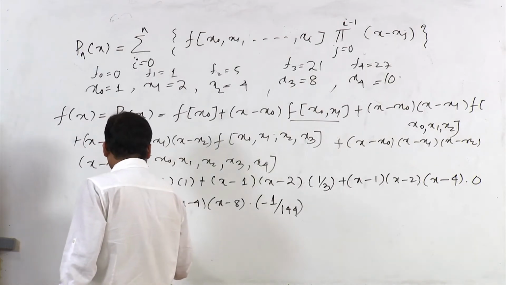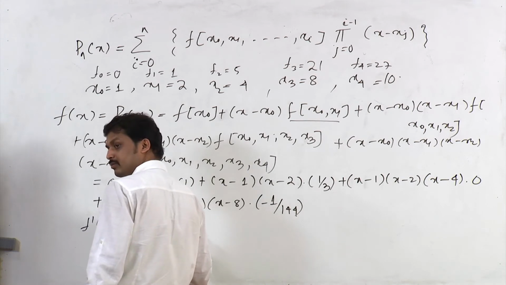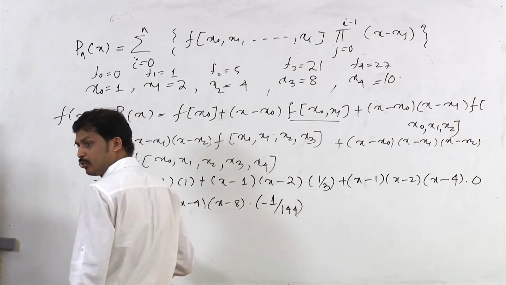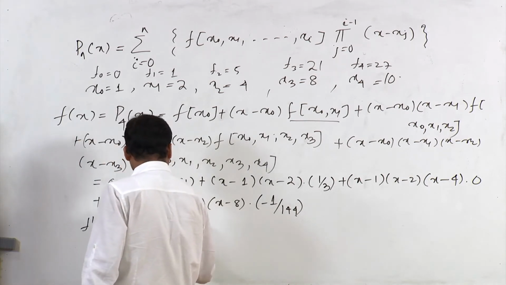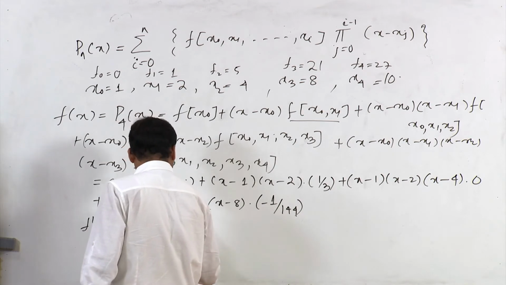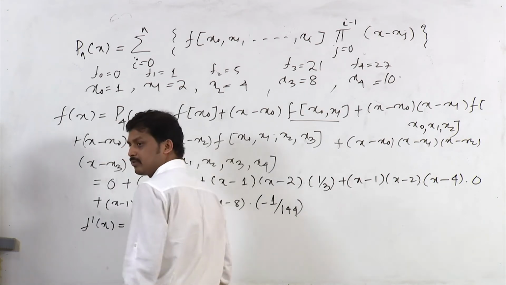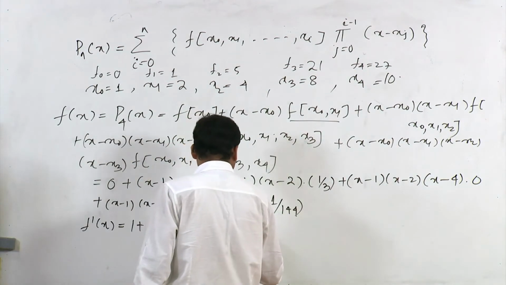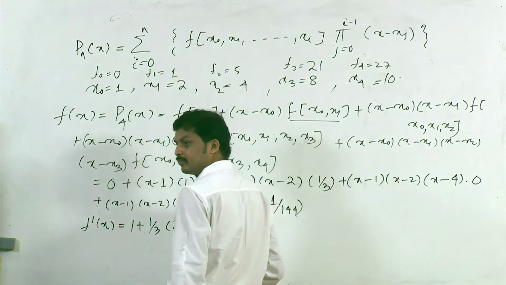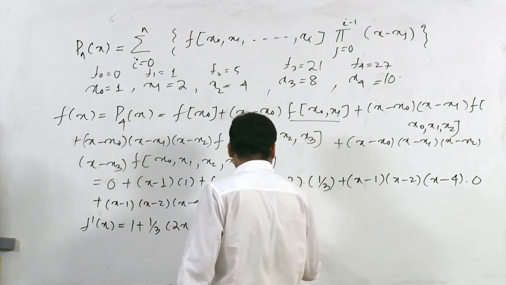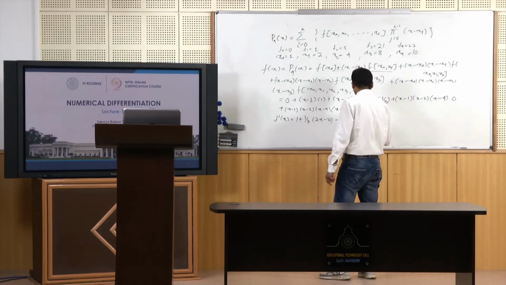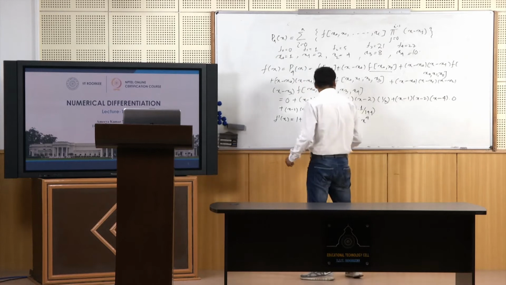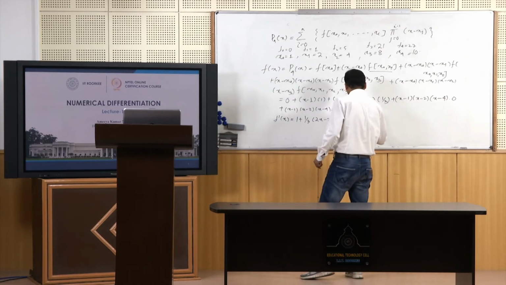1 plus 1 by 3 into 2x minus 3 minus 1 by 144, x to the power 4 - sorry, I will just write only the derivatives.